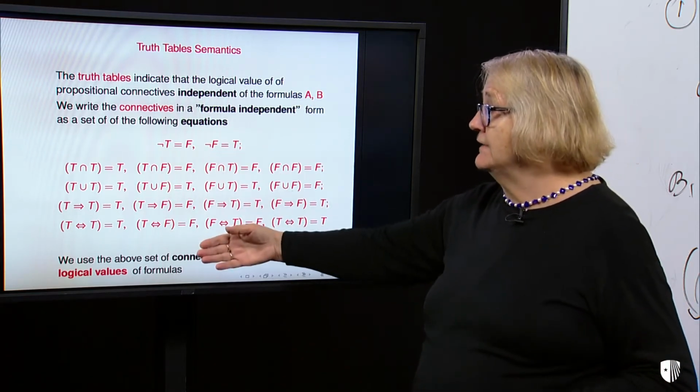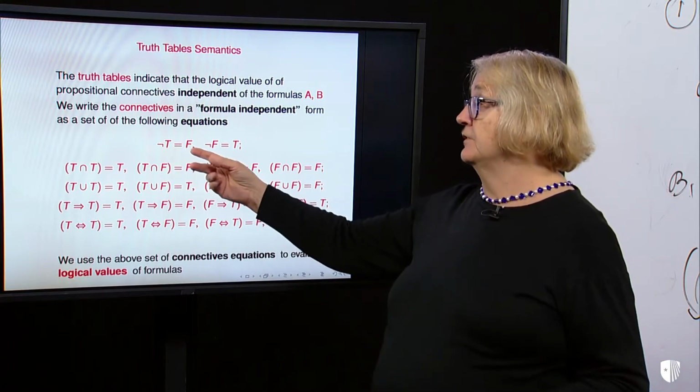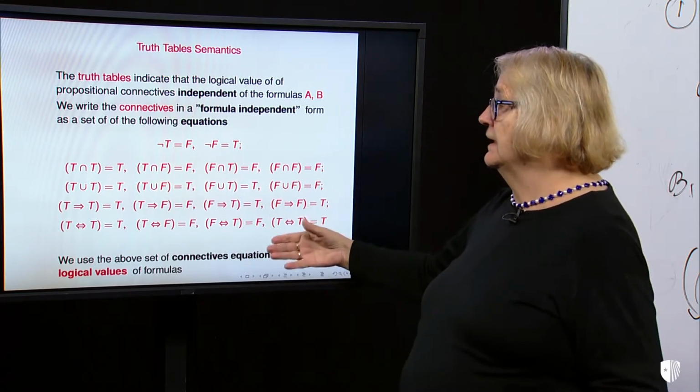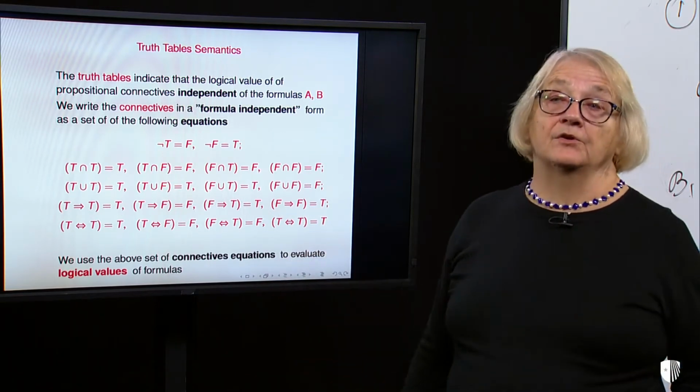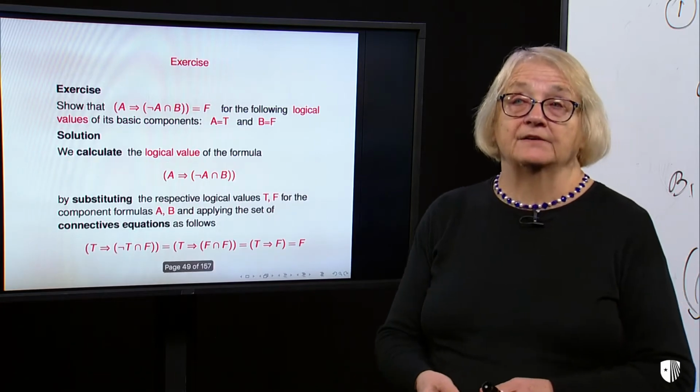And so you can write it just as a system of equations. Negation of T is false, negation of false is T, and T and T is T, etc. So we have the equations for the connectives.